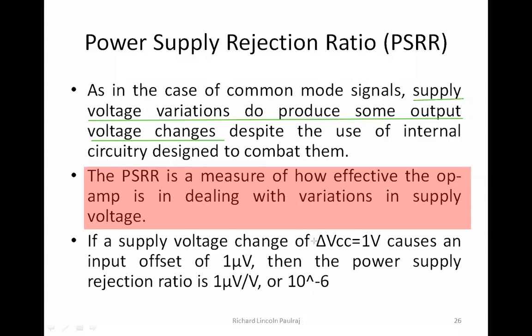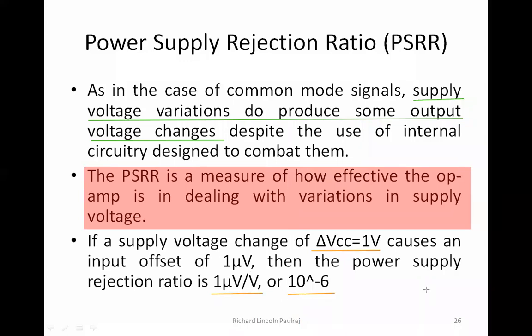Let's say there is about 1 volt of difference in the supply. This causes an input offset of 1 microvolt. Then the power supply rejection ratio is 1 microvolt per volt, or 10 raised to minus 6.